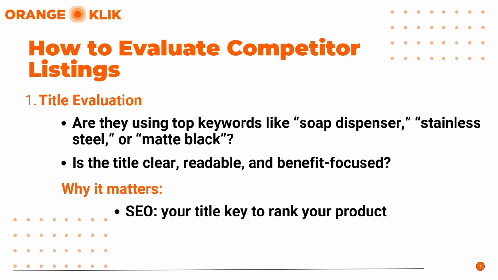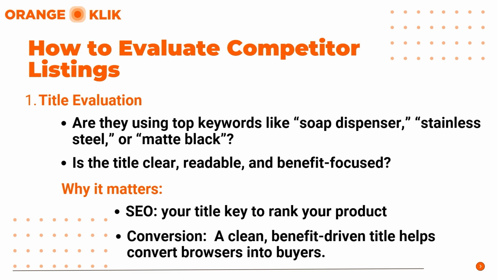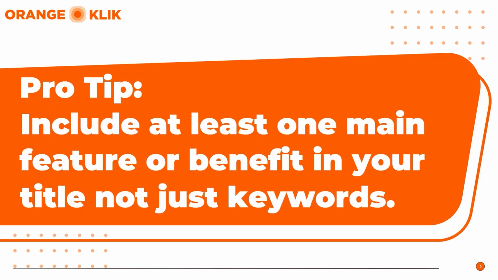If you're missing essential keywords, you're invisible to shoppers. For conversion, on the flip side, if your title is stuffed with keywords and hard to read, it turns people off. A clean, benefit-driven title helps convert browsers into buyers. A pro tip: include at least one main feature or benefit in your title, like leak-proof or modern finish, not just the keywords that we have seen a while ago.